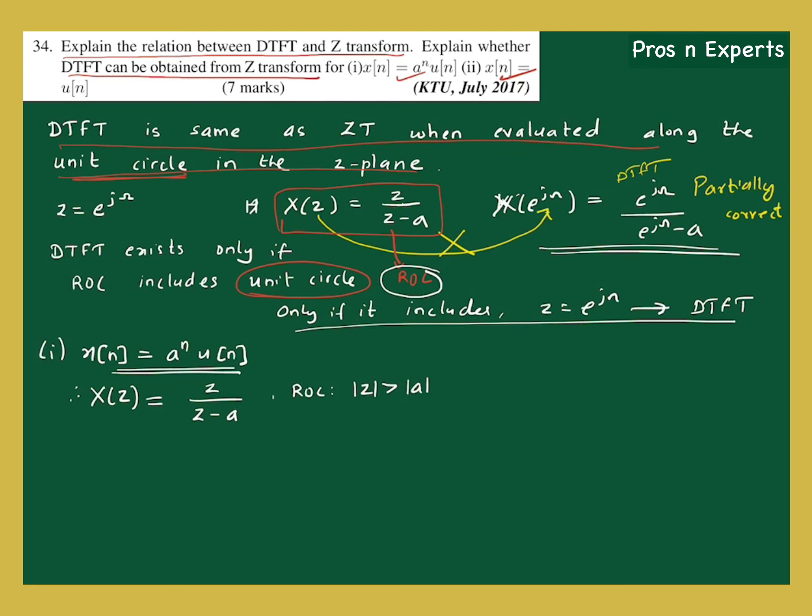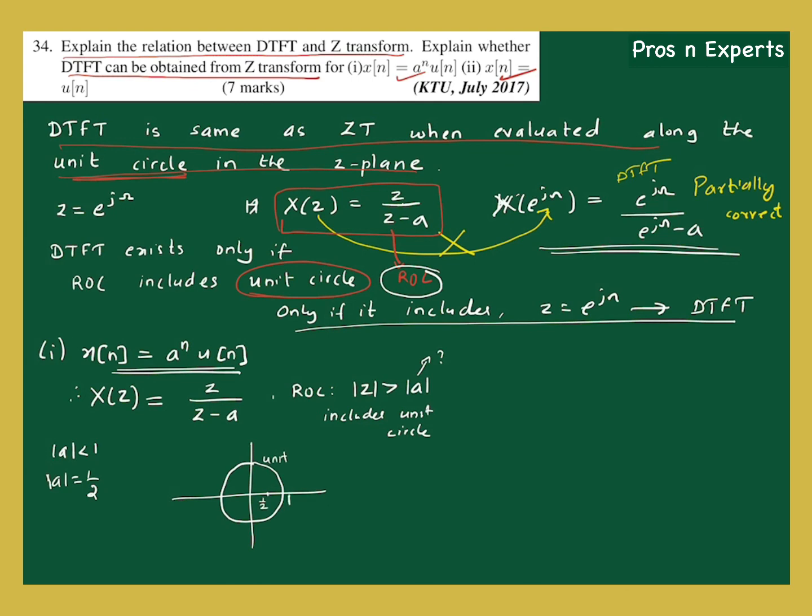Fine. Now the primary concern for us is to decide whether this ROC includes the unit circle. Does it include the unit circle? It can be decided only if you know a. If mod a is less than 1, for example mod a equal to half, then it includes the unit circle. This is the z-plane, and suppose this is the unit circle, so this is 1, and half will be here.